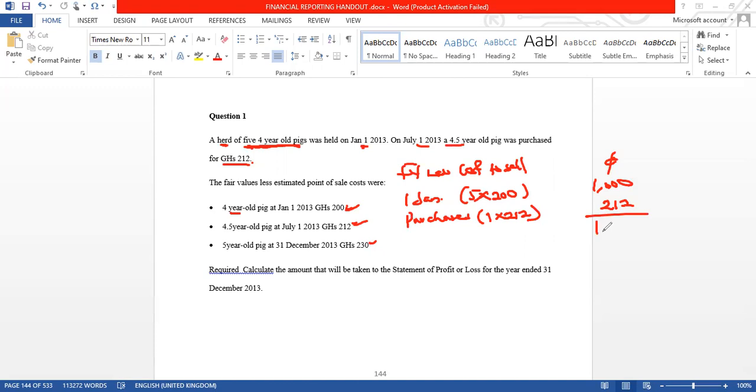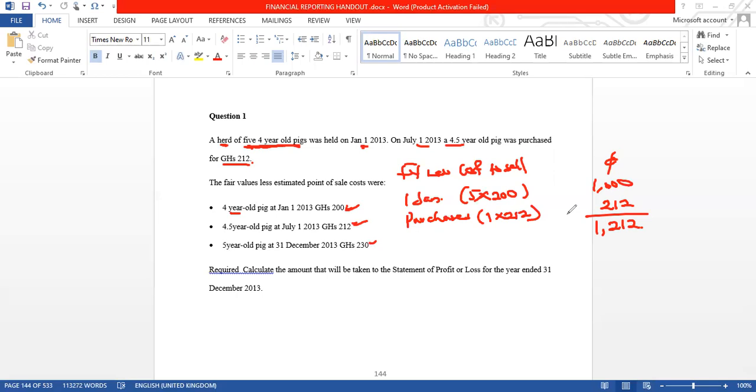Now, remember at this point, we have this amount to consider. Remember that at subsequent measurement, we are supposed to measure the entire animals again at fair value less cost to sell. It is something we have to do, whether the question tells us or not. That is what we are supposed to do under measurement at fair value.